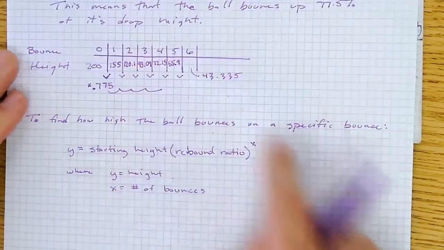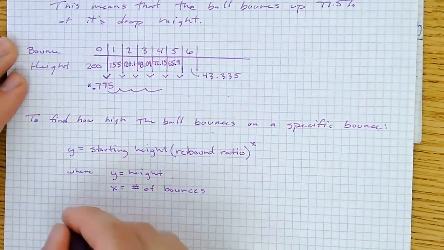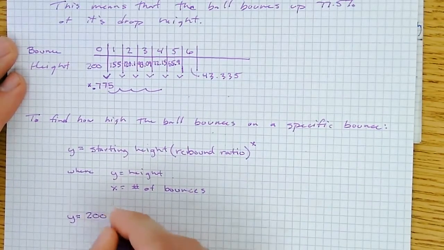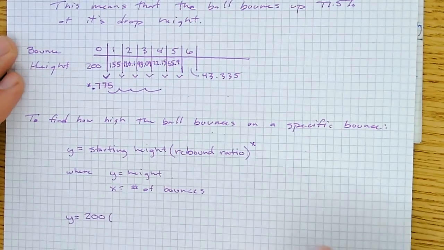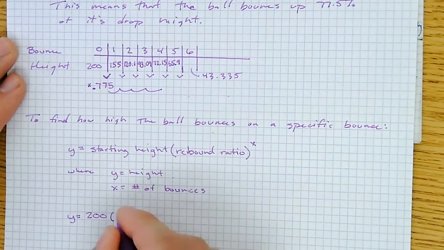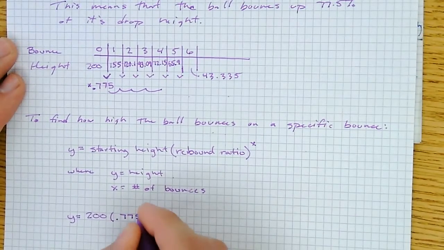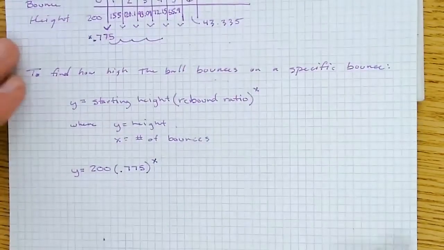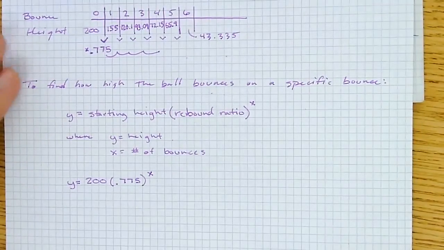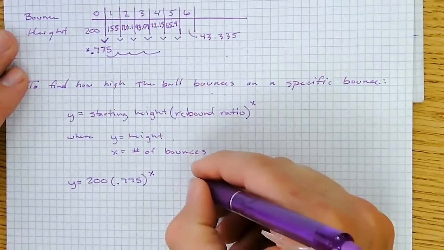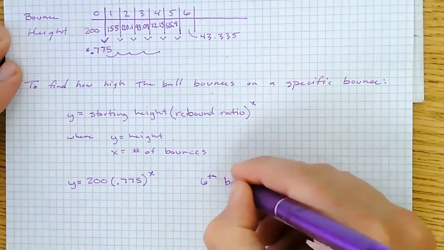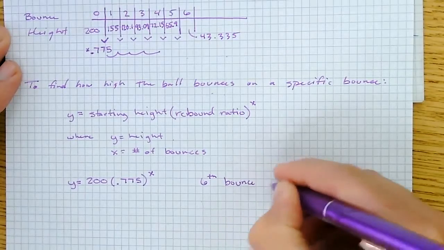So in this example, our starting height was 200. We had a rebound ratio of 0.775. So our equation would be y equals 200 times 0.775 raised to the x. So let's say we wanted to find the sixth bounce.